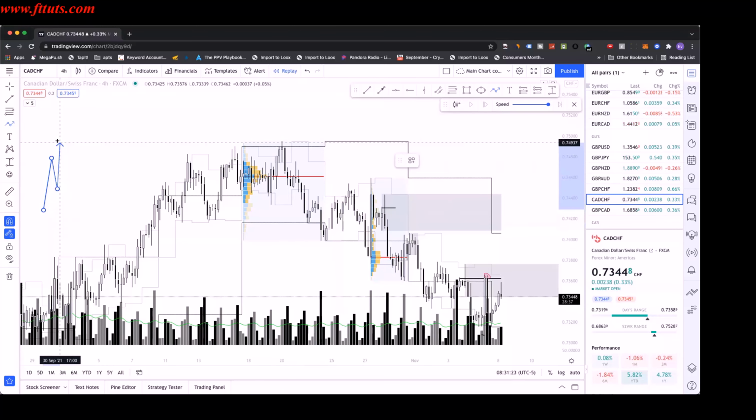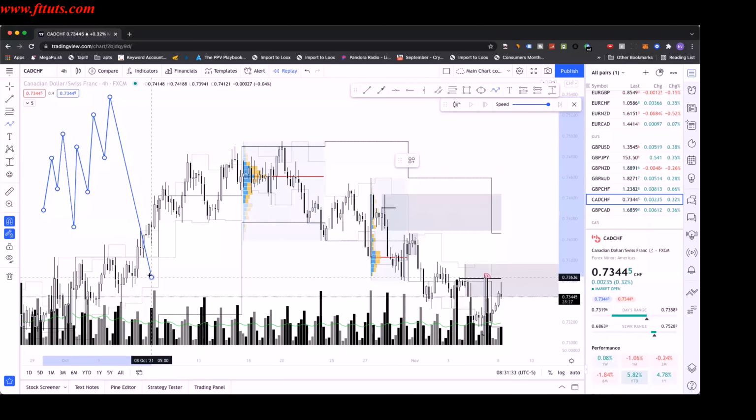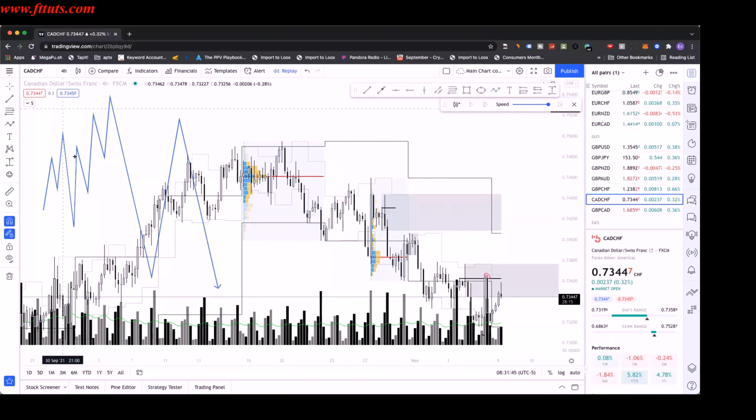Then price breaks down, giving us basically a head and shoulders. It's all the same thing. I'm looking at this week now for that retest up here to continue down, because we're accumulating orders at the high above our POC.